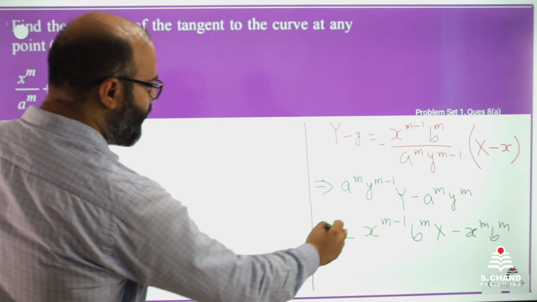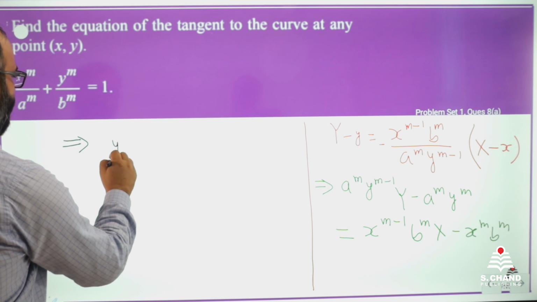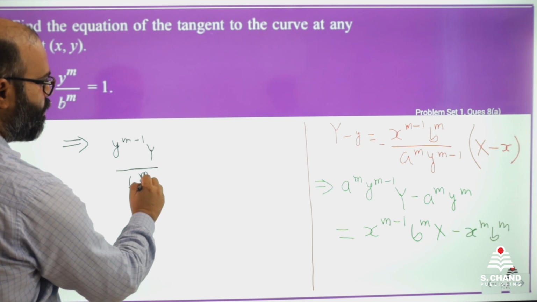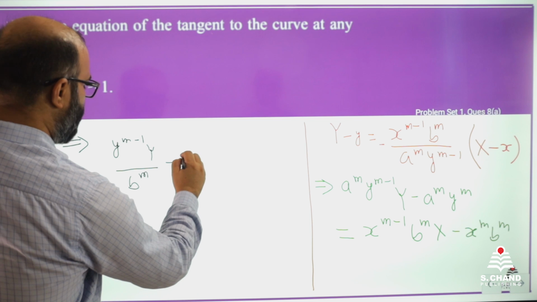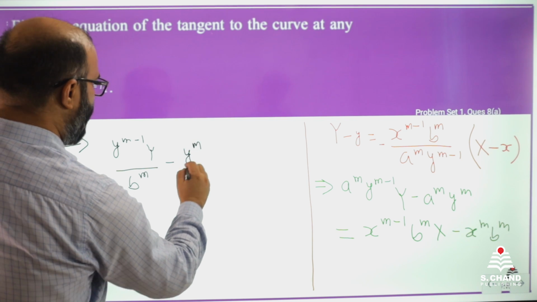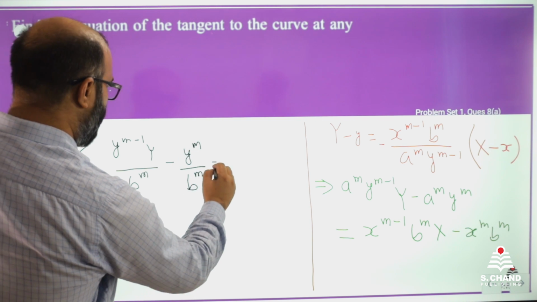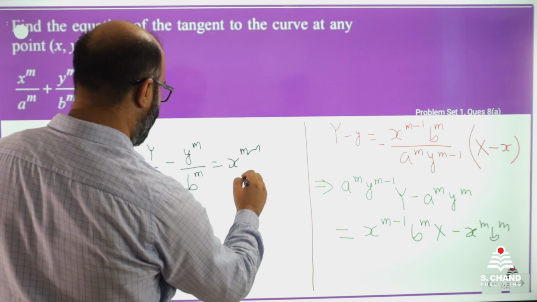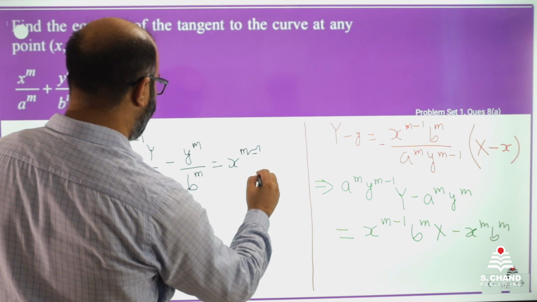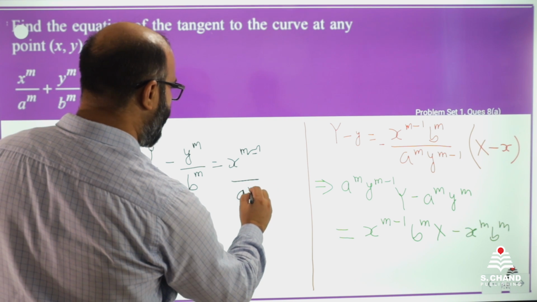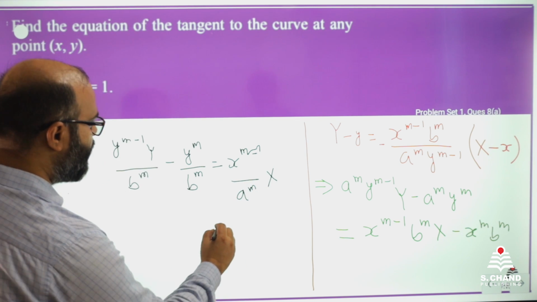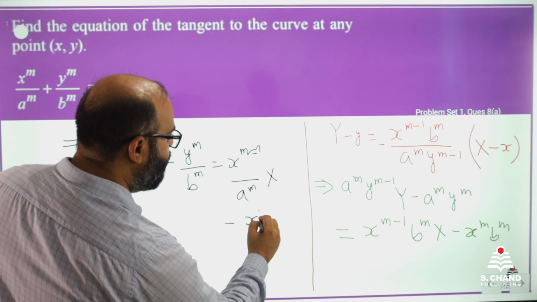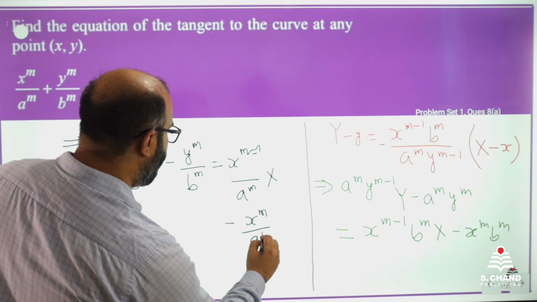So we will say that it is y to the power m minus 1 y by b to the power m minus y to the power m by b to the power m is equal to x to the power m minus 1 by a to the power m x minus x to the power m by a to the power m.